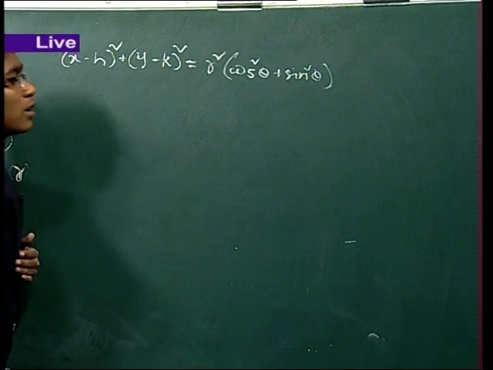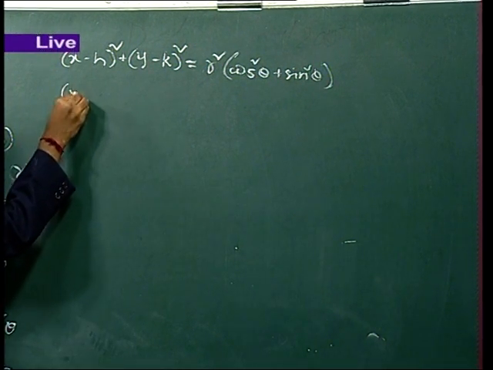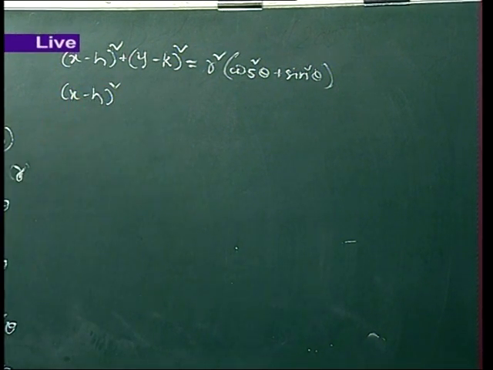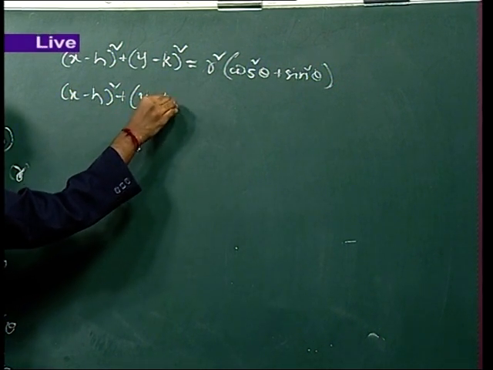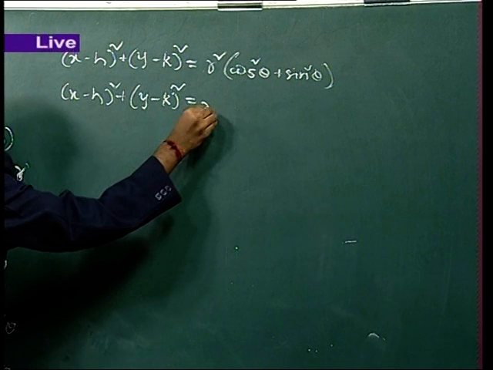Therefore, x minus h whole square plus y minus k whole square is equal to r square.